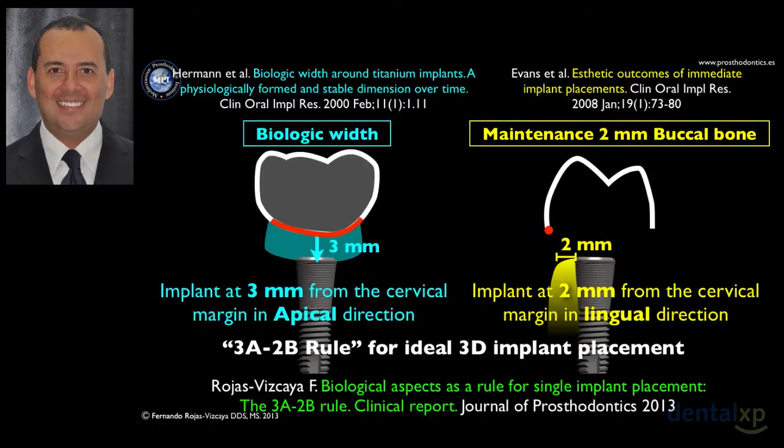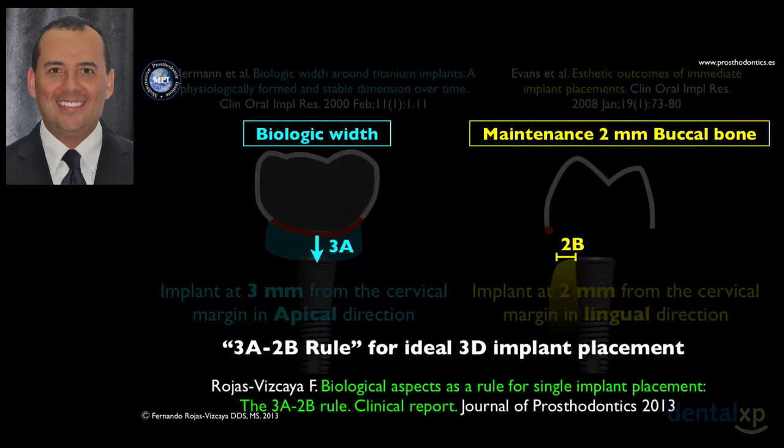If we have less, we can lose this bone. It could be around 1.8. So this is why I call it the 3A2B rule: the implant needs to be 3 mm apical from the margin, and after you place the implant you need to keep 2 mm of buccal bone.